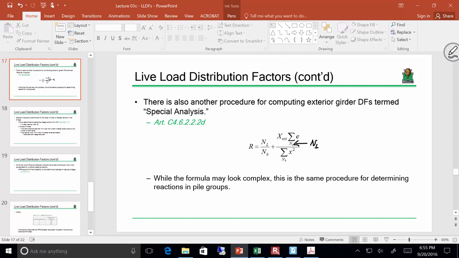When we do special analysis for the first case, we're going to assume 1 lane loaded, so NL is 1. For the second case, we assume both lanes loaded, and NL is 2. If you had to do special analysis 8 times, you would do it with NL of 1, then NL of 2, NL of 3, NL of 4, NL of 5, and just keep doing it. Make sense? All right.